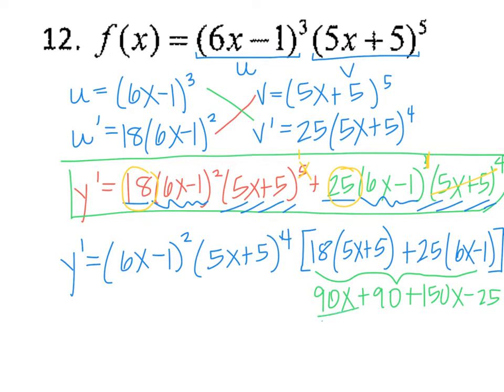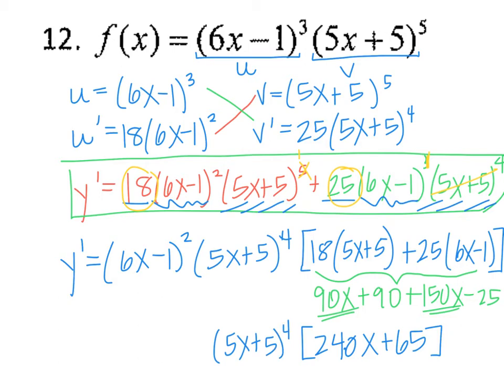And combining like terms, that's going to give me 240x, and then 90 minus 25, so plus 65. And I'm going to bring my coefficients back out front as I write my final answer.